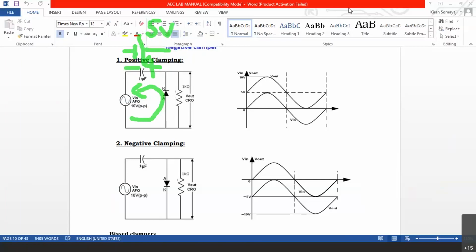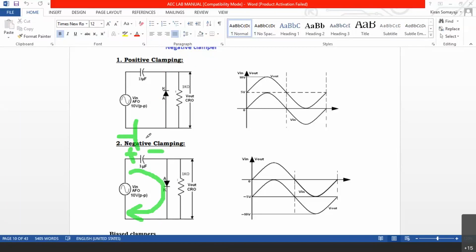So plus 5 volts get superimposed on the AC signal. Similarly, the other, negative clamper, we had seen in the last class also. This will work in the positive cycle. In the positive cycle, the diode conducts; in the negative cycle, the diode does not conduct. So in the positive cycle there is a least resistant path, the capacitor will have plus side here, minus side here, and it will get charged to 5 volts, again 5 is the Vm.